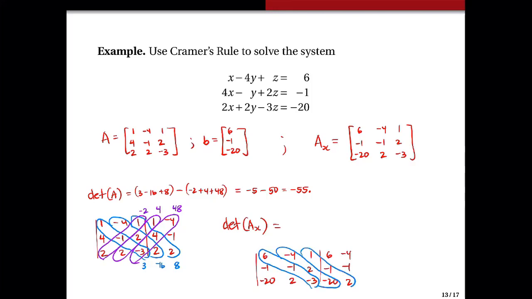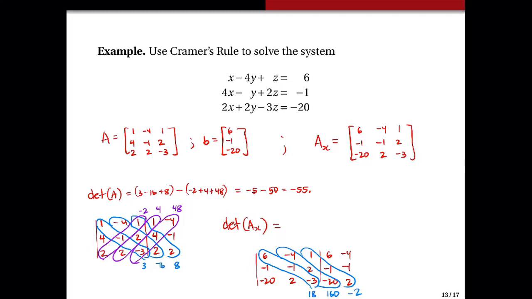You calculate this. We will have 6 times 3, that's 18. Negative 4 times 2, that's negative 8, times negative 20, that's 160. Then 1 times negative 1 times 2, that's negative 2.